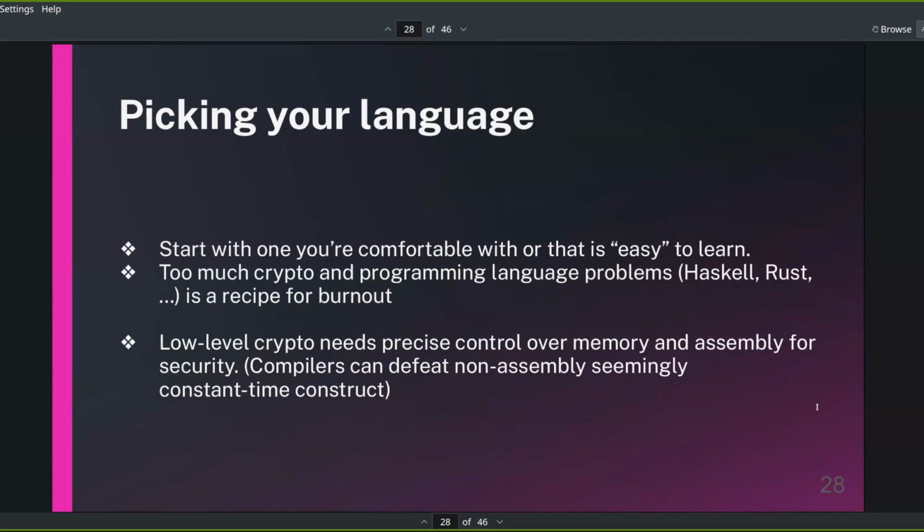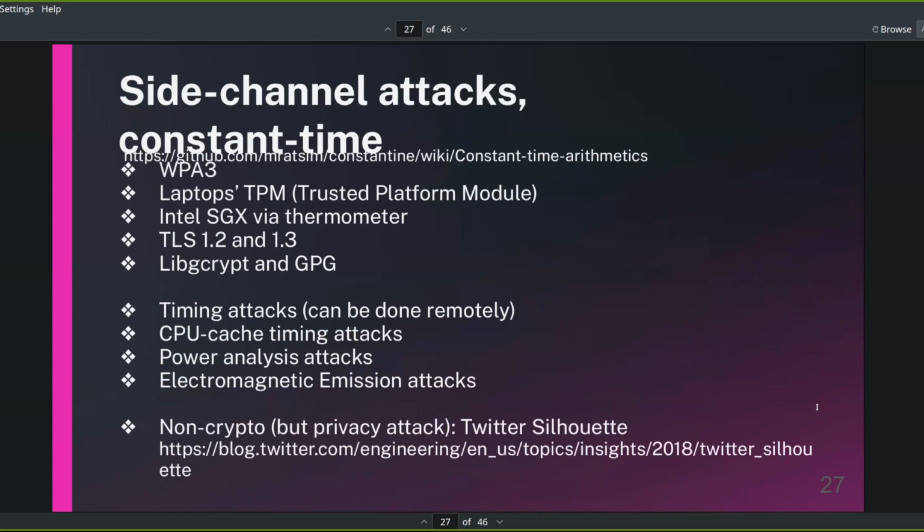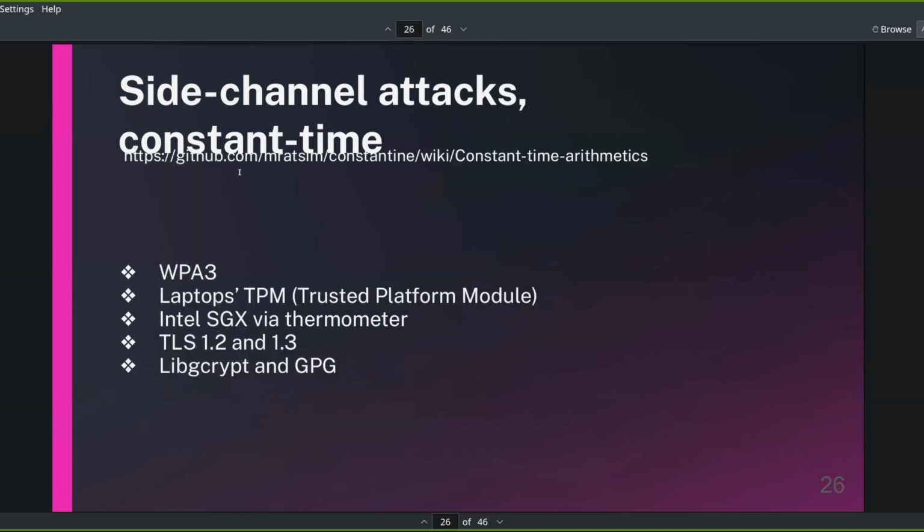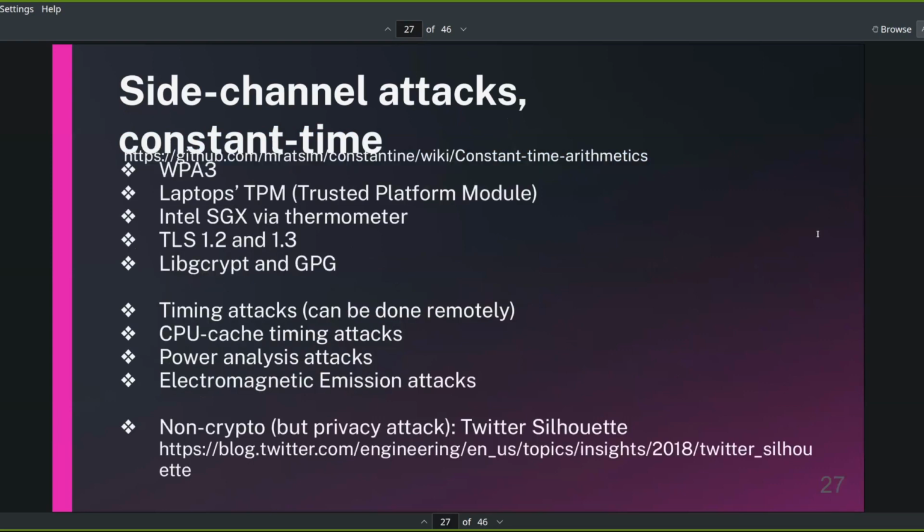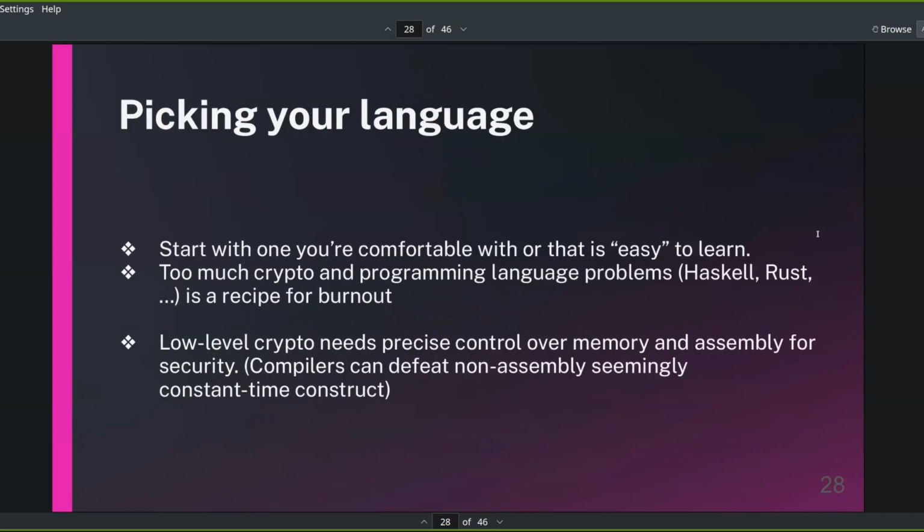So assembly is not used only for performance, it's also used for security, because compilers can defeat non-assembly code and make it non-constant time. If you look into this link, github.com with constant time arithmetics, you have examples and papers about compilers doing the wrong thing for cryptography.